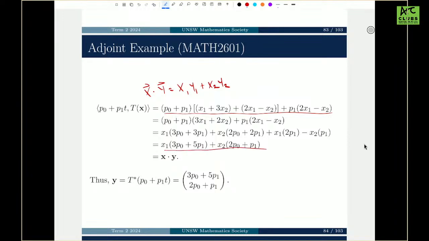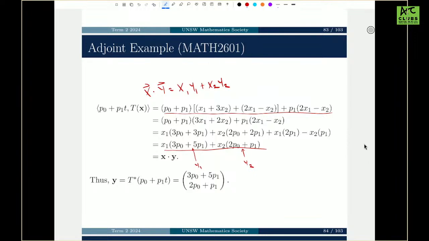The idea is that we want to extract an x1 out and an x2 out and express it as x1 times something, x2 times something. In particular, this we think of as y1, and this we think of as y2. Those are just the components of our vector.